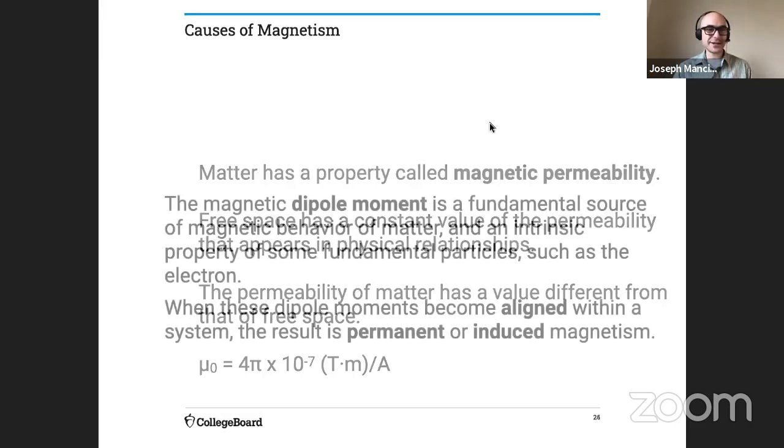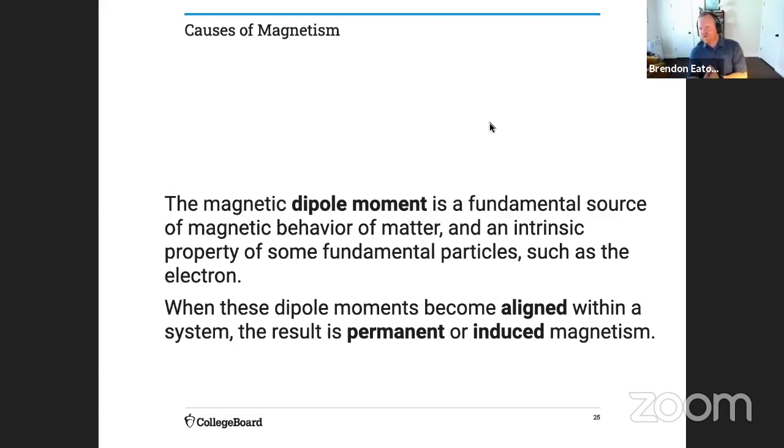All righty, Mr. Eaton, take it away. Okay, so we also have this thing called a magnetic dipole moment, and it's a fundamental source of magnetic behavior of matter, and it's an intrinsic property, which means it's special to each type of material. And some fundamental particles, such as the electron.